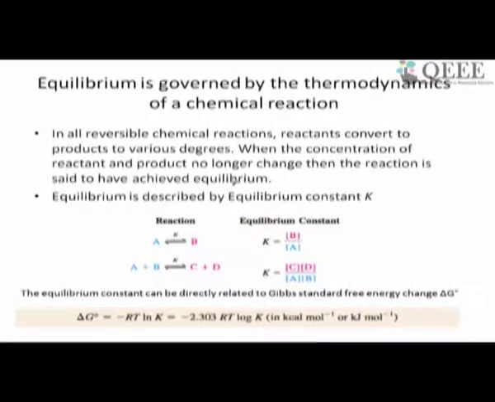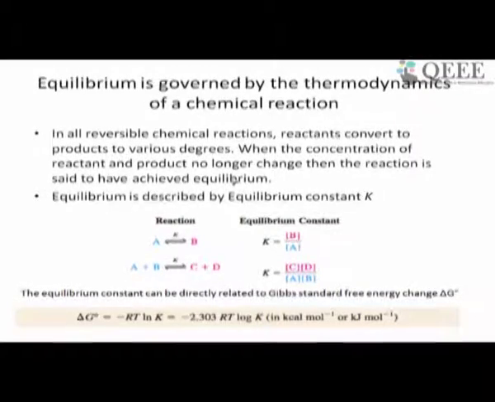Quite often the equilibrium could be far towards the left or far towards the right. In other words, the equilibrium could be far towards the starting material side, or it could be far towards the product side. What I mean by that is, for some reactions, when you start the reaction, 99% will be starting material and only 1% product.